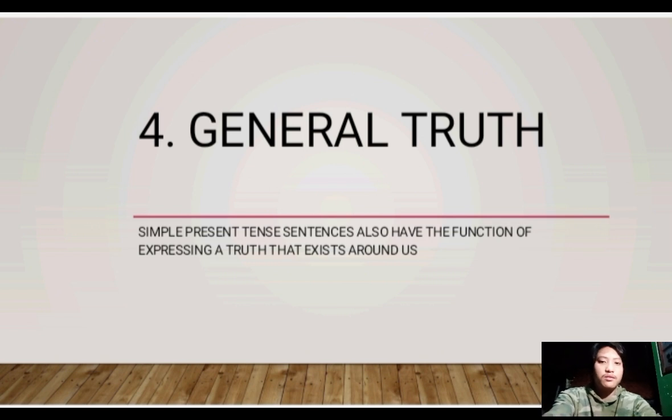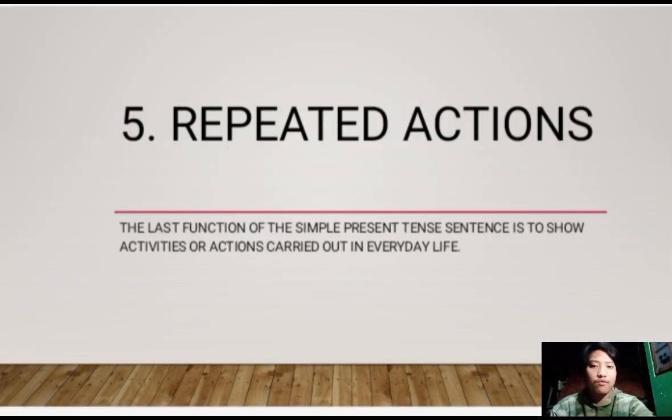Simple present tense also has the function of expressing a truth that exists around us. Number five, repeated action. The last function of the simple present tense sentence is to show activities or actions carried out in everyday life.